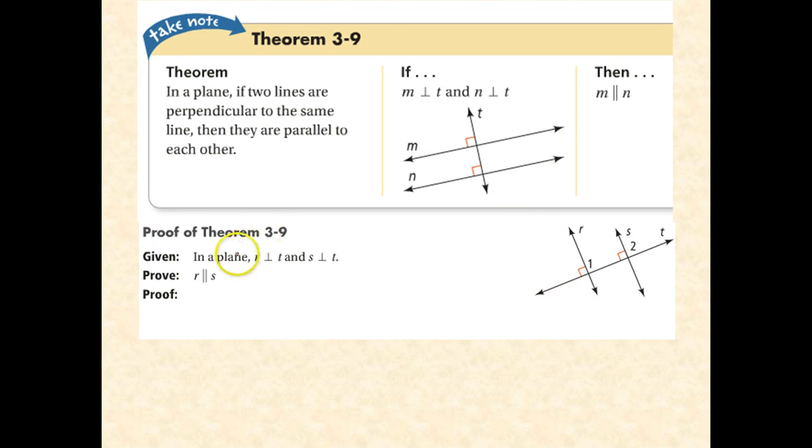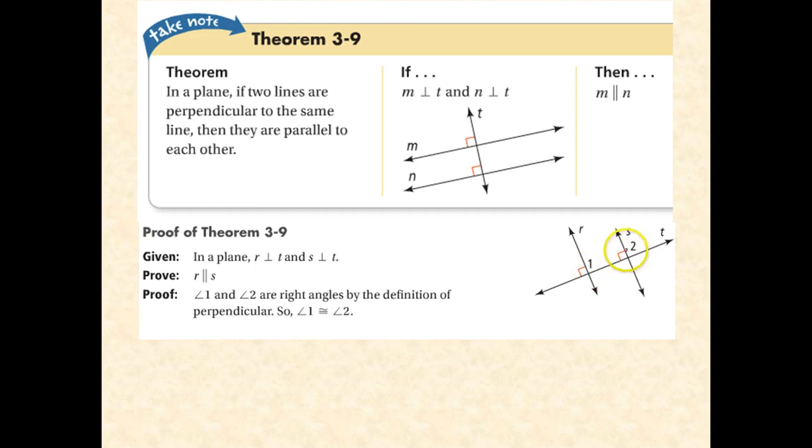Okay, let's prove this theorem, shall we? We are given that in a plane, R is perpendicular to T and S is perpendicular to T. We want to prove that R is parallel to S. Well, what can we do? We know that angles 1 and 2 are right angles by the definition of perpendicular.